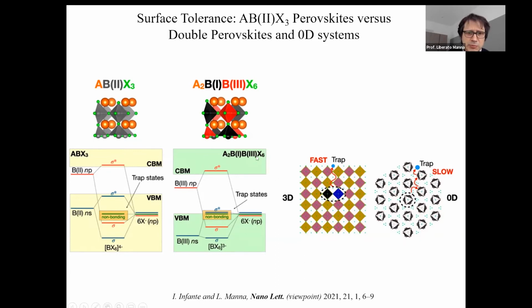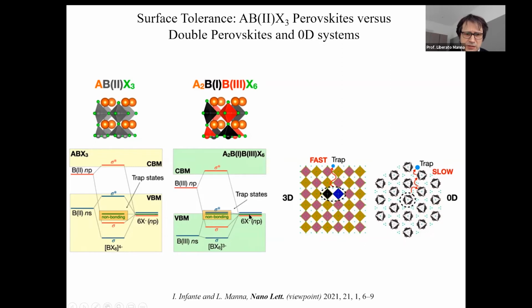Now, in a double perovskite, because of the presence of this B3+ cation, which has a strong nuclear charge, the np and s orbitals of the 3+ cations are pulled down in energy, and this actually causes the np orbitals of the halide ions to move very close to the top of the valence band.